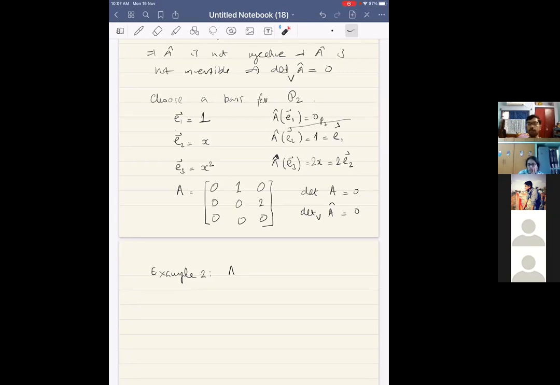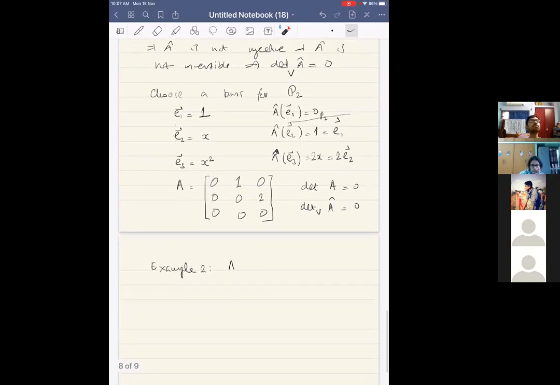Anyway, the matrix corresponding to A hat is this A, and its determinant, which you can check, is 0. Now let's look at another example. Let me call it B. B hat of P is P plus P prime.